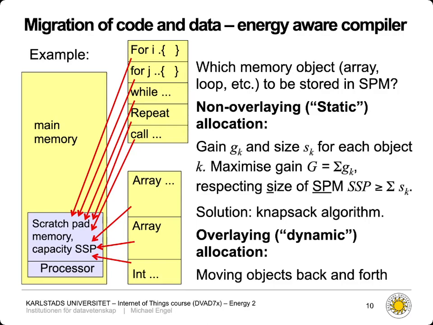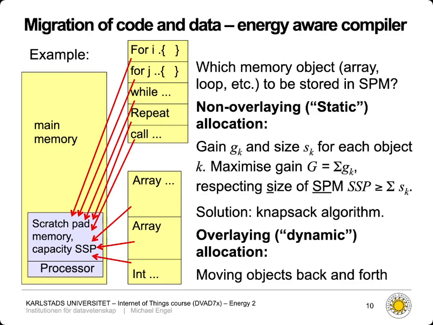The condition we have to respect in our optimization is that the size of the scratchpad memory, S_SP, is sufficient to fit all the objects k we consider putting into it. Obviously, all of the objects we put into scratchpad memory at the same time must not be larger than the size of our scratchpad memory.